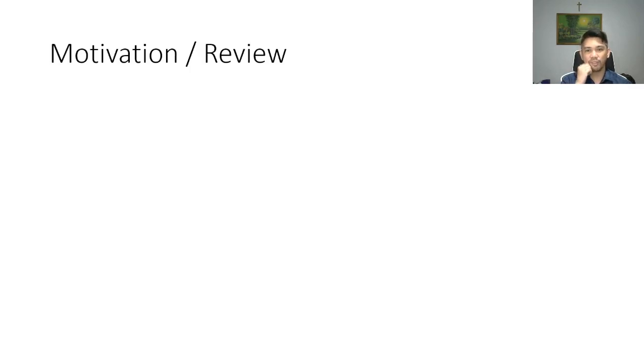For our motivation, let's have a review. Every time I ask a question, I want you to pause for a moment to answer and try to remember our previous lessons about variables. The first one is, what is a variable? In the most basic explanation, a variable is a placeholder of values.